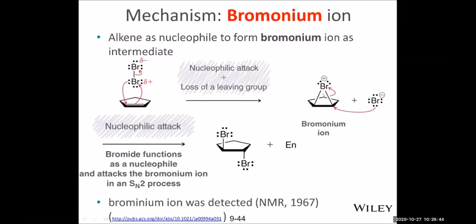It's very strained because the angle is only 60 degrees, but it can be fairly stable. We call it a bromonium ion. If you notice in the periodic table, almost all the metals are named with an ending in -ium, so this shows it's a bromine cation, a bromonium ion.